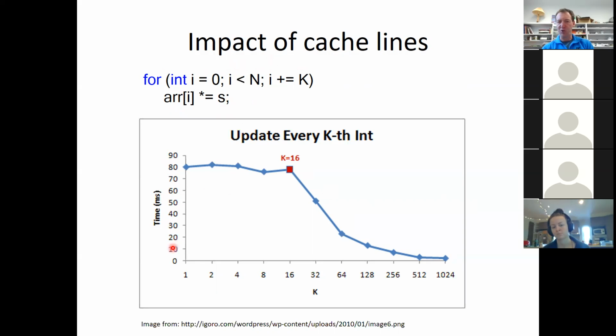What you see is that the performance is relatively high as long as the stride is within your cache line. So if all your data is cached in the L1 cache, you get high performance. However, if your k gets larger, your performance goes down.